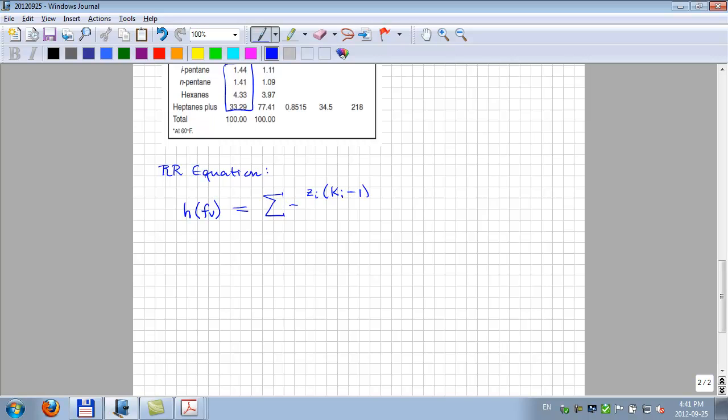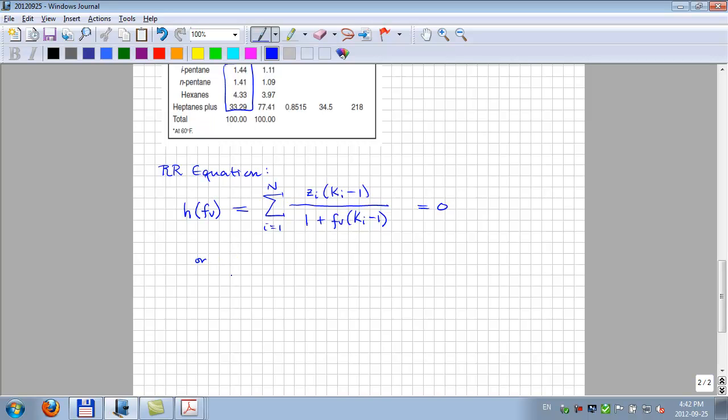I don't really remember this. One plus f. Is this right? Or not? Does anybody have that written in your notes? Is that okay? And we want that to equal 0.